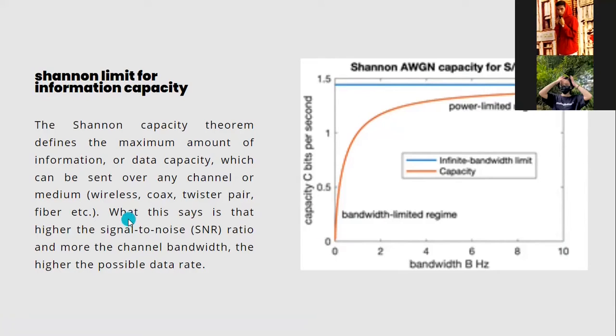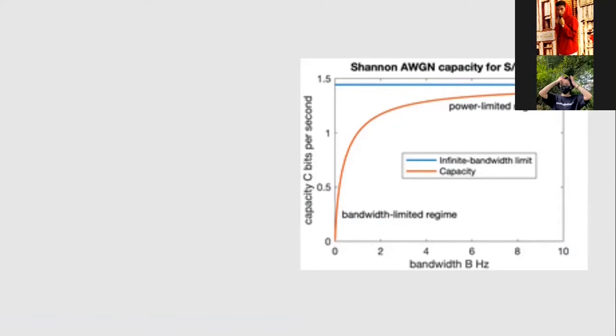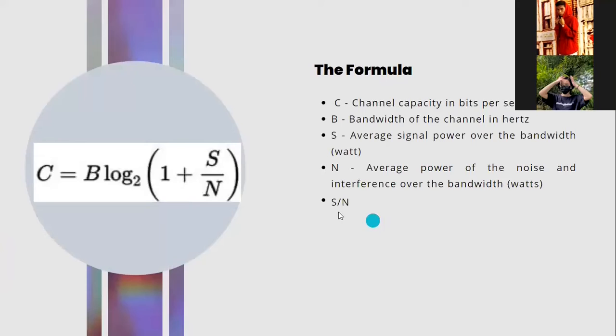It says here that the higher the signal to noise ratio, and the more channel bandwidth, the higher the possible data rate. This is confusing at first, and to make everything clear, we can see it using the formula.